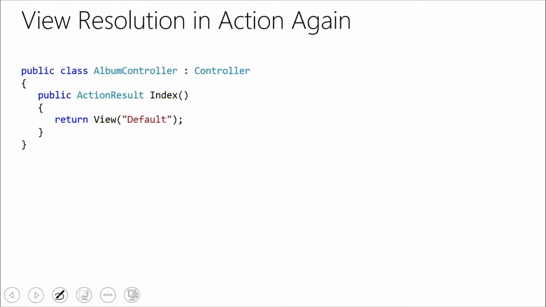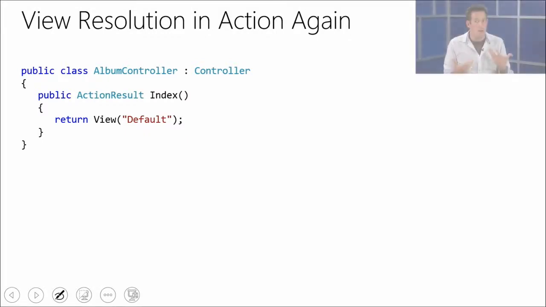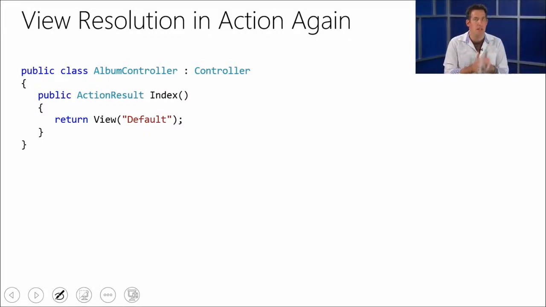Now, let's say, for example, that one of the things we wanted to do is share views. A perfect example of this is edit versus create. Generally speaking, the difference between edit and create as far as the form goes is that create is blank, and edit will automatically be pre-populated with the data from the item that you are now looking to edit.